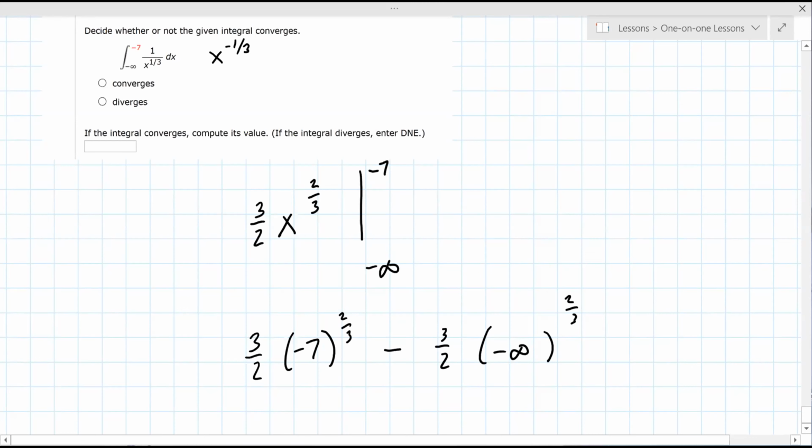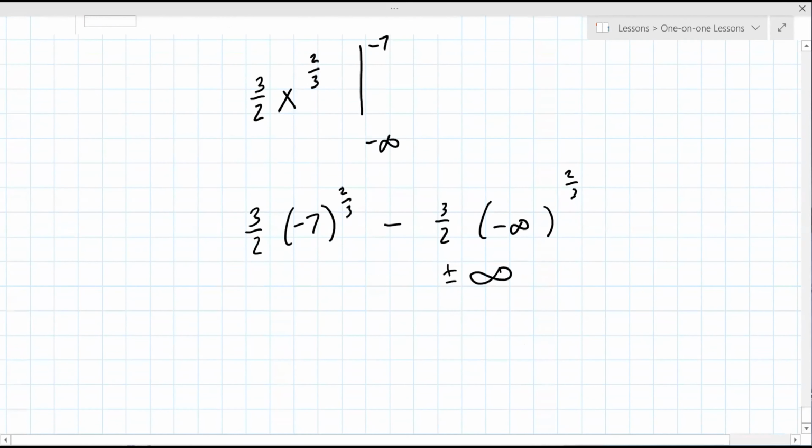You may not remember exactly what this means, but it means the cube root after you square it. So the cube root of infinity is infinity, and when you square infinity, it's infinity. So this is effectively some sort of infinity, could be plus or minus. We don't really know, don't care. So no matter what this is, when you add it to plus or minus infinity, it diverges.